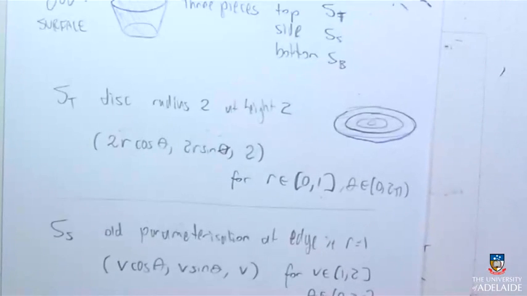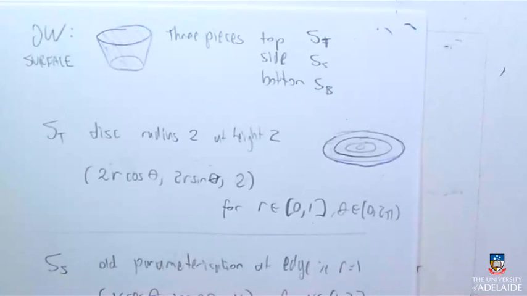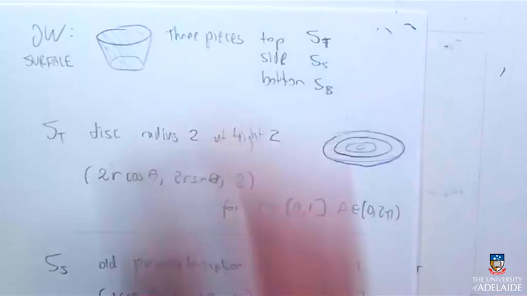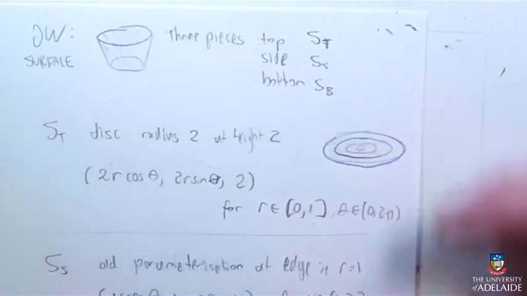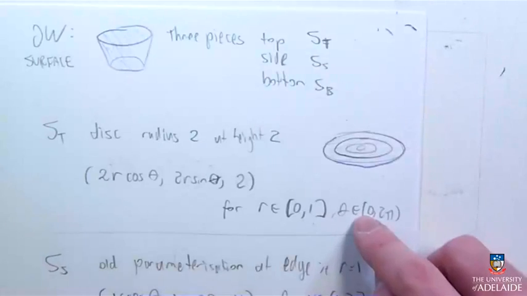Just a second. Okay, so normally you want your normal to point outwards, I'd say. And so I need to go around that circle at the top that way, which is the correct direction.